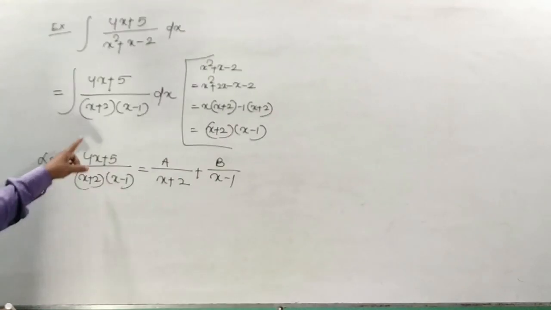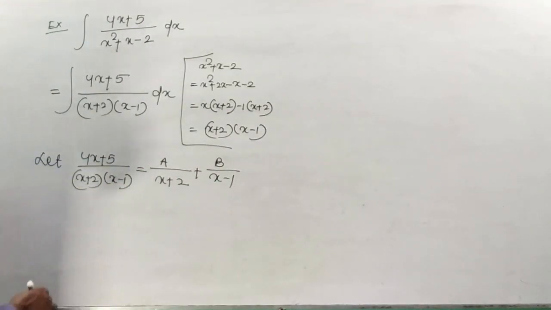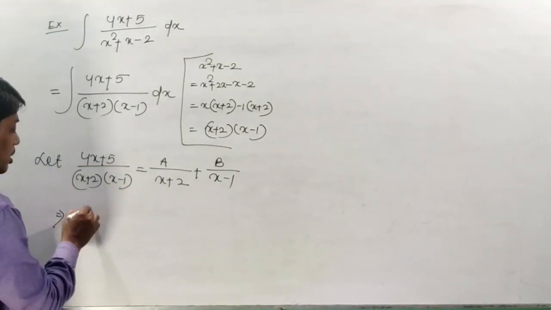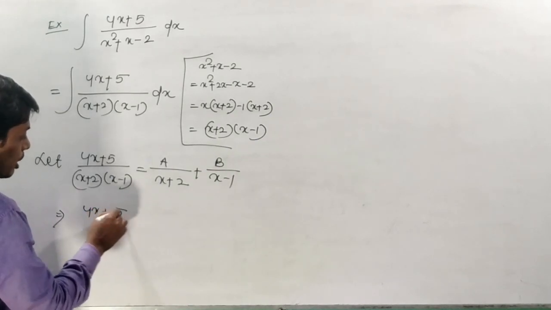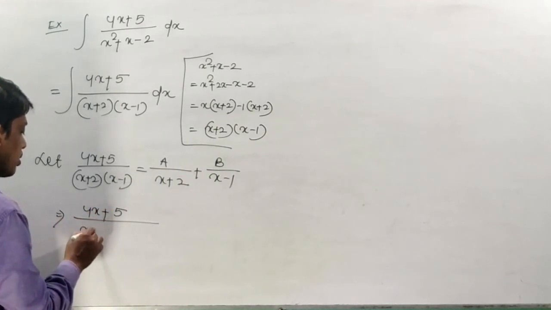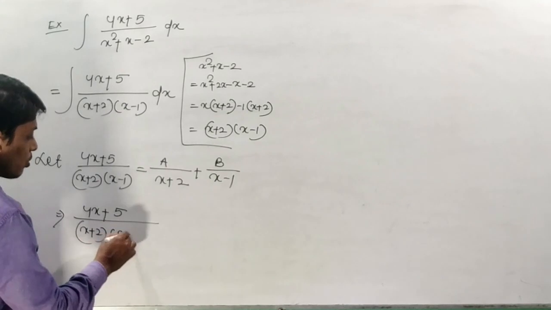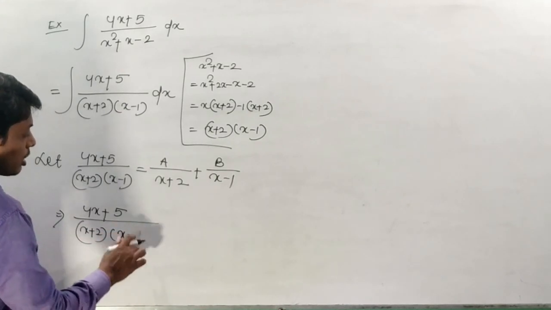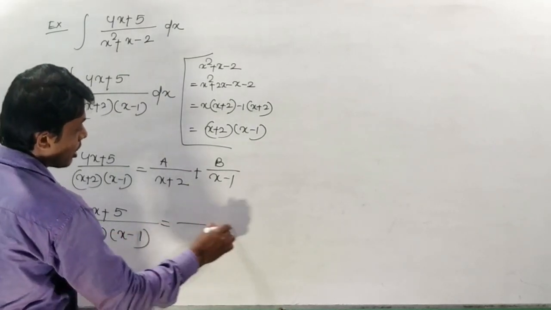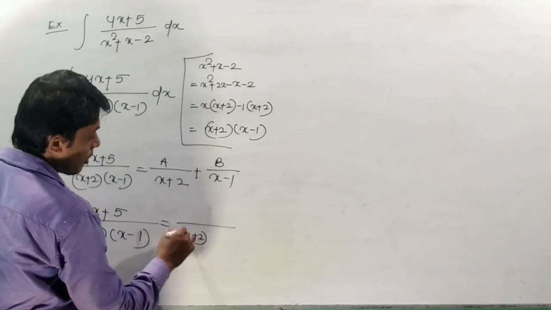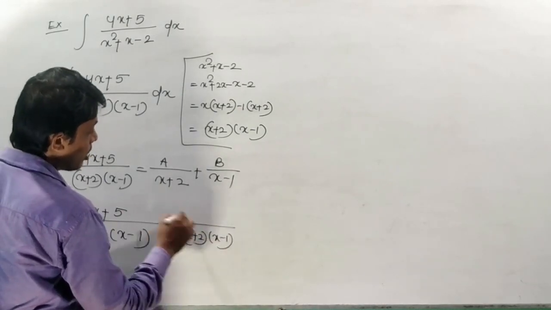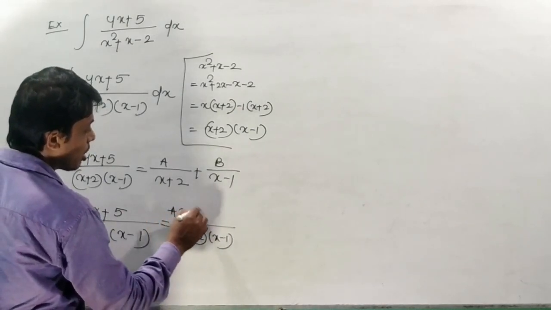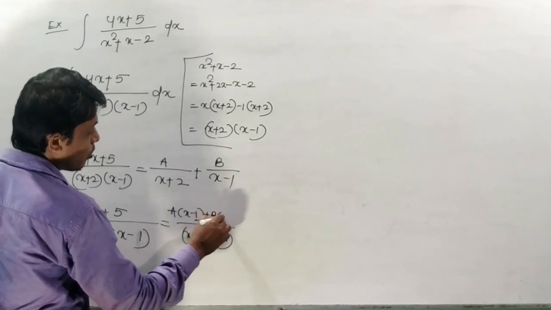This is the case of linear and non-repeating factors. That implies 4x plus 5 by x plus 2 into x minus 1 is equal to, taking common LCM, this will be a into x minus 1 plus b into x plus 2.